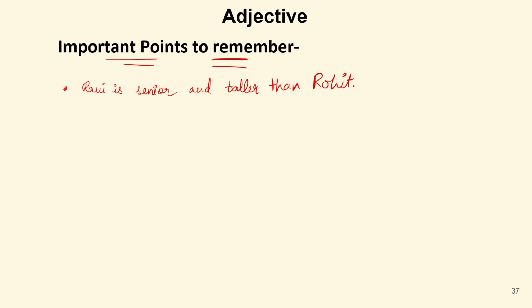We are comparing both of these persons with each other. But we have two styles of comparing these two persons. One is senior, that is a comparative word, and taller, this is a comparative degree.